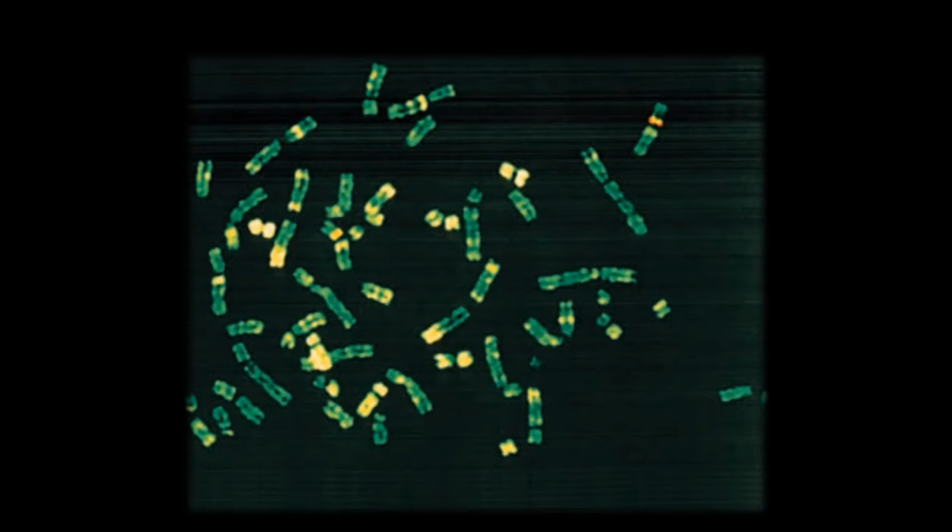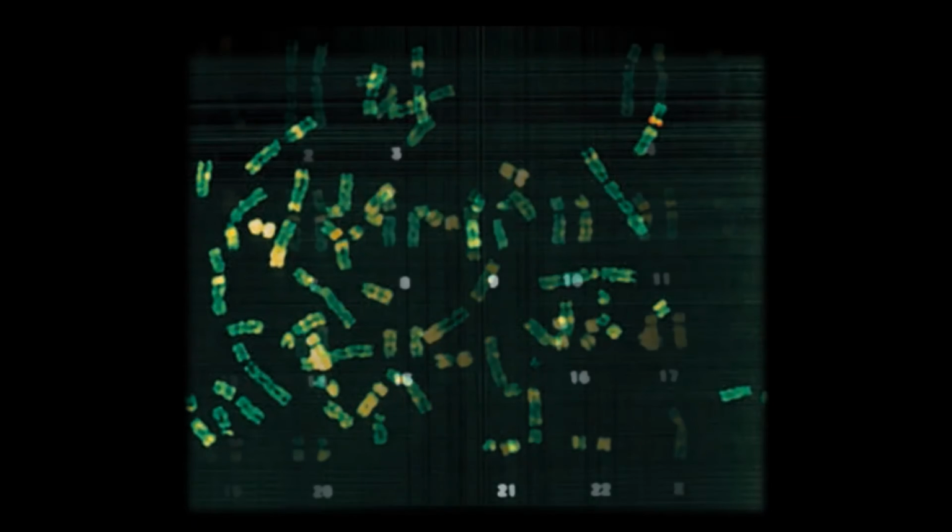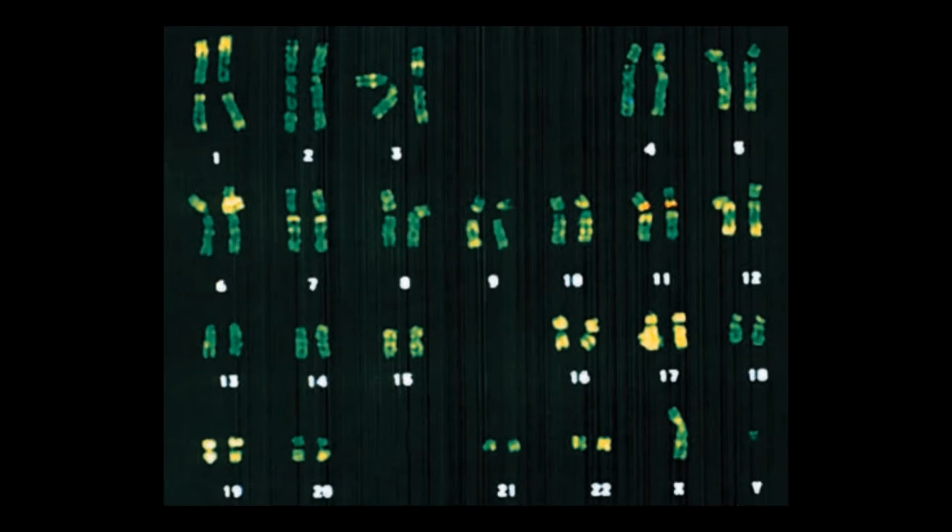So, scientists, after they take pictures of these chromosomes, they may then cut them and then arrange them in order according to their shapes, their sizes, and the location of their centromeres. That's the constriction that we see just in the middle of the length of the chromosome. And then we arrive with this photo we call a karyogram.